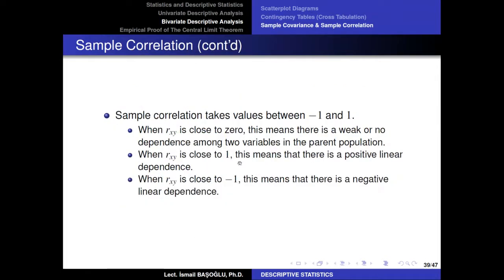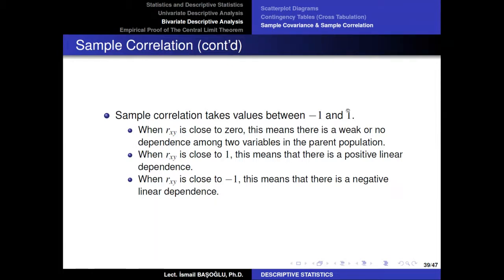Just like the theoretical correlation, the sample correlation can only take values between -1 and 1. If the sample correlation is close to 0, there is either a weak or no linear dependence relationship between the two variables.